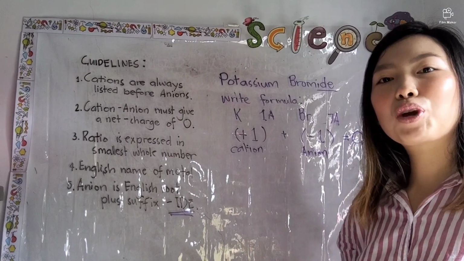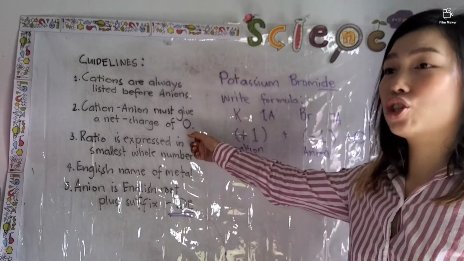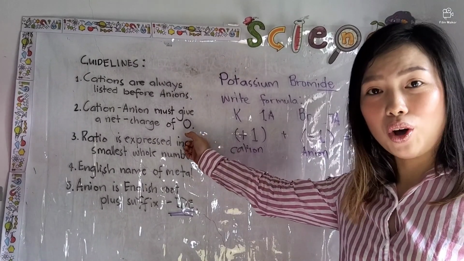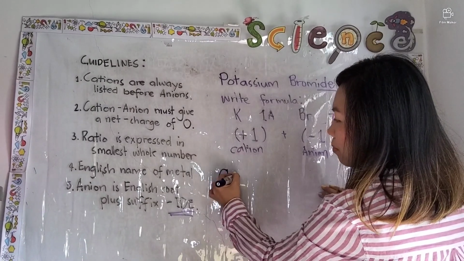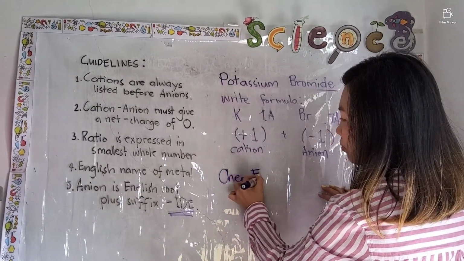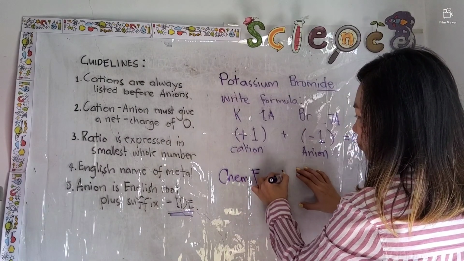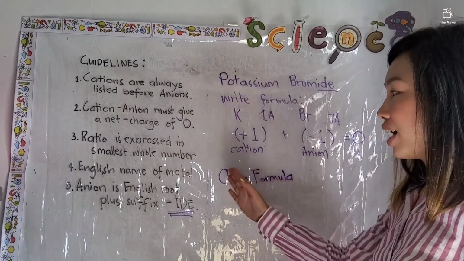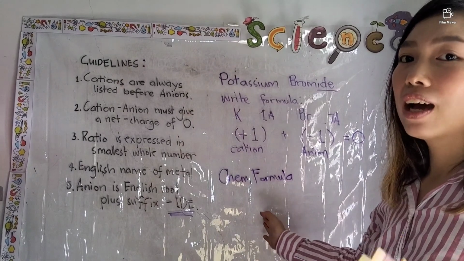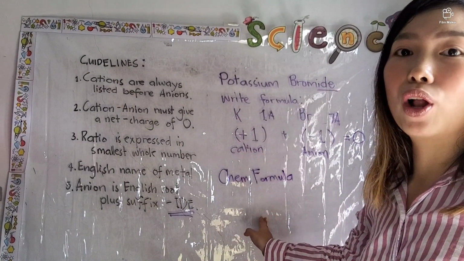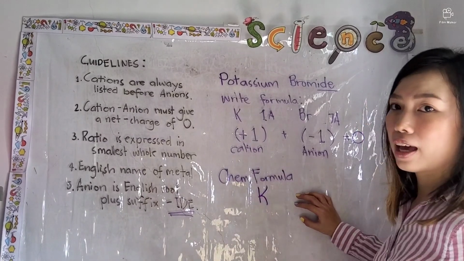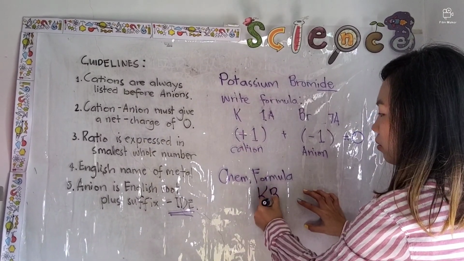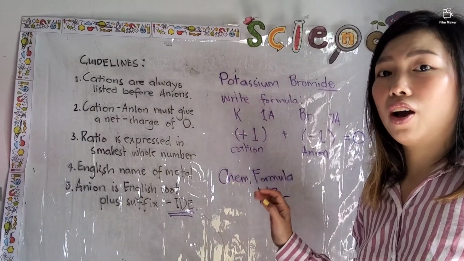Now, after mong malaman ang kanilang net charge na nag-equal sa 0, then you may now form the chemical formula. In writing the chemical formula, write the symbol of the element. So the symbol is K and BR.